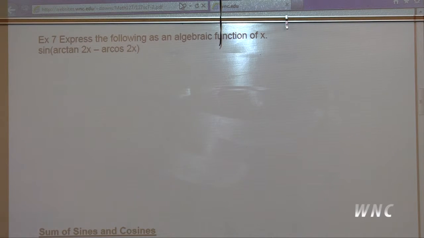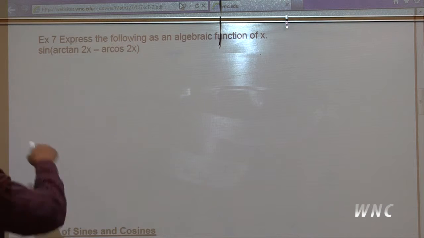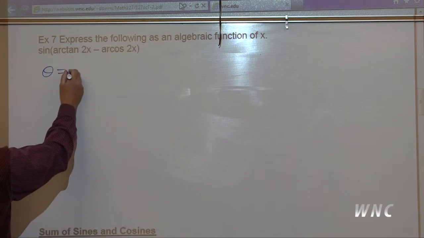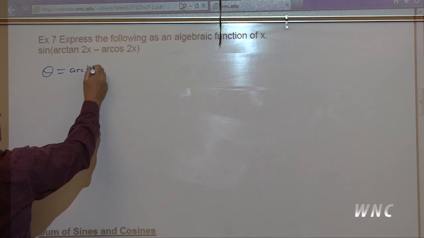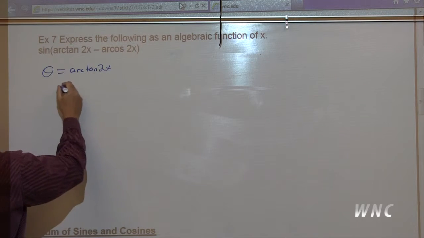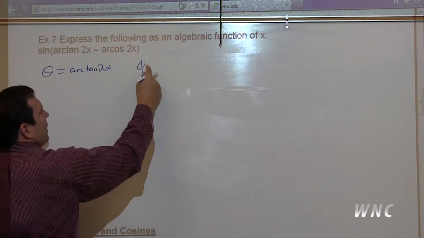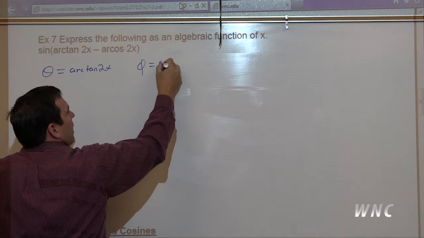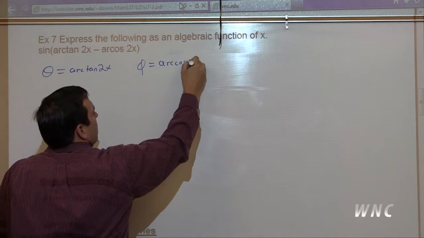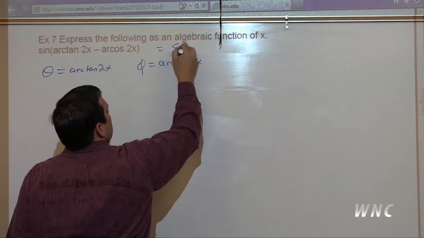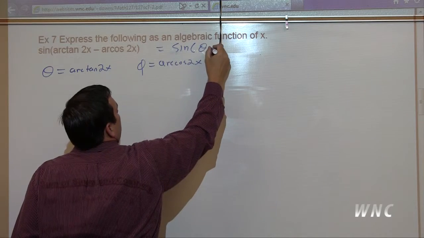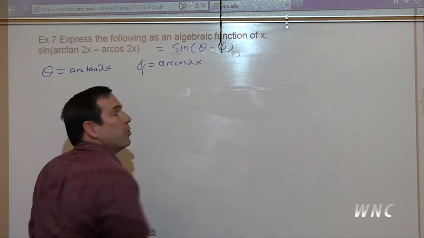So what I want to do first is define some things. What if I said theta equals arctangent 2x, and if I said phi, this is the Greek letter phi, is arc cosine 2x. This becomes sine of theta minus phi, and we're not too intimidated by that.